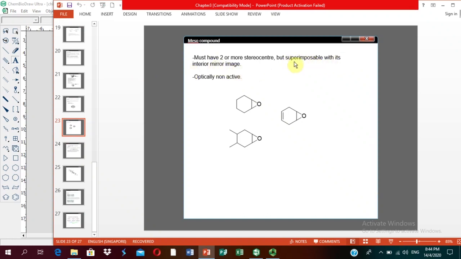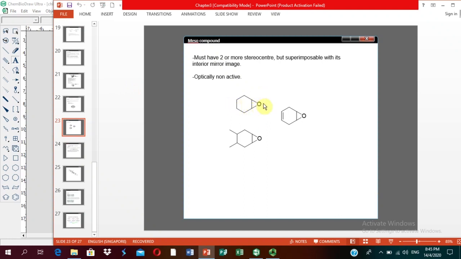Can overlap. For example, this is epoxide. Yeah. So how many chiral carbons here? How many stereocenters? Number one, number two.